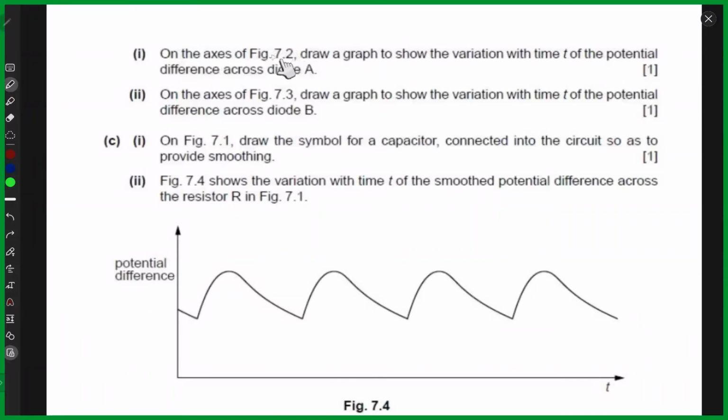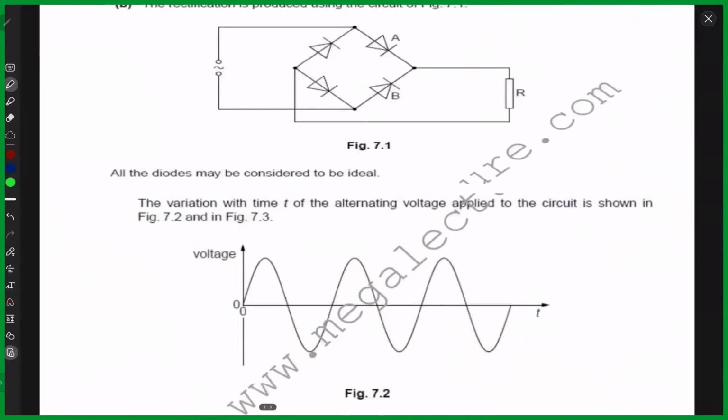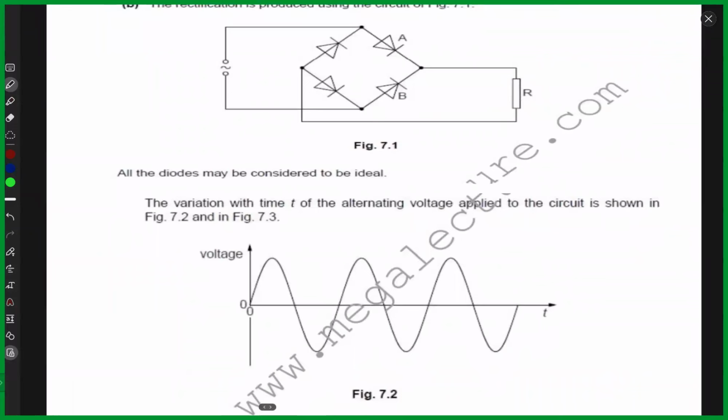On the axis of figure 7.2, draw a graph to show the variation with time t of the potential difference across diode A. So let's go back. Across diode A, what would happen to the potential difference?